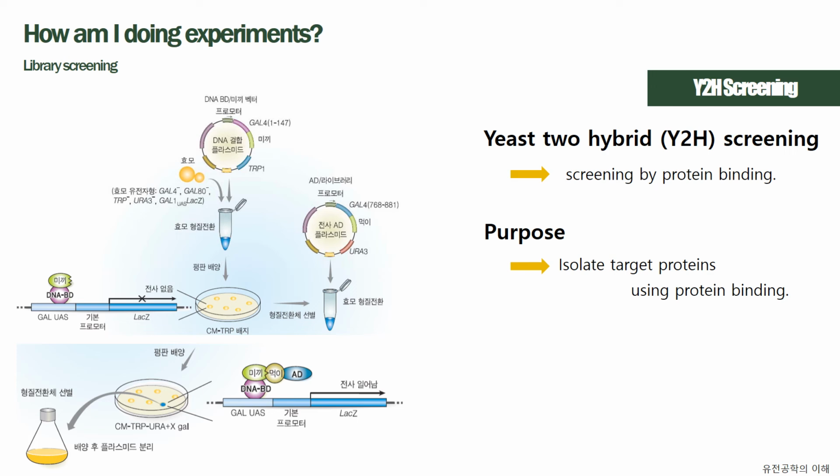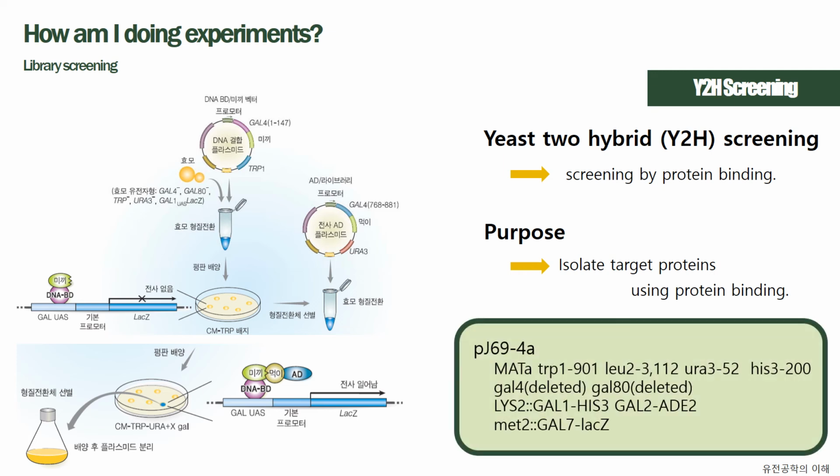This method is to check binding between proteins, and this is the strain I use, and the difficulty of this experiment is making the chance to meet binding site domain and activation site domain.